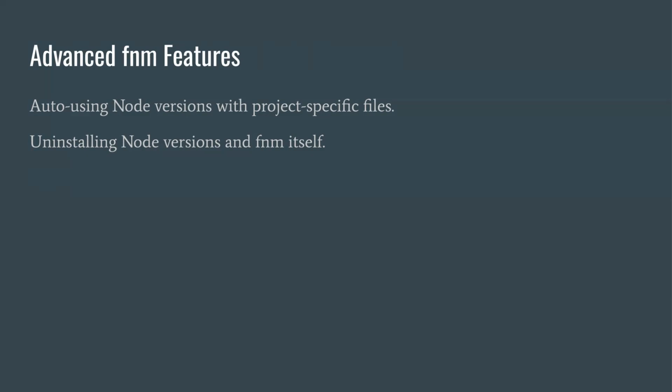Having that file helps tools like FNM to automatically switch to the specific version of the project. And by having FNM, you can uninstall any of the node versions or even FNM straightforwardly.